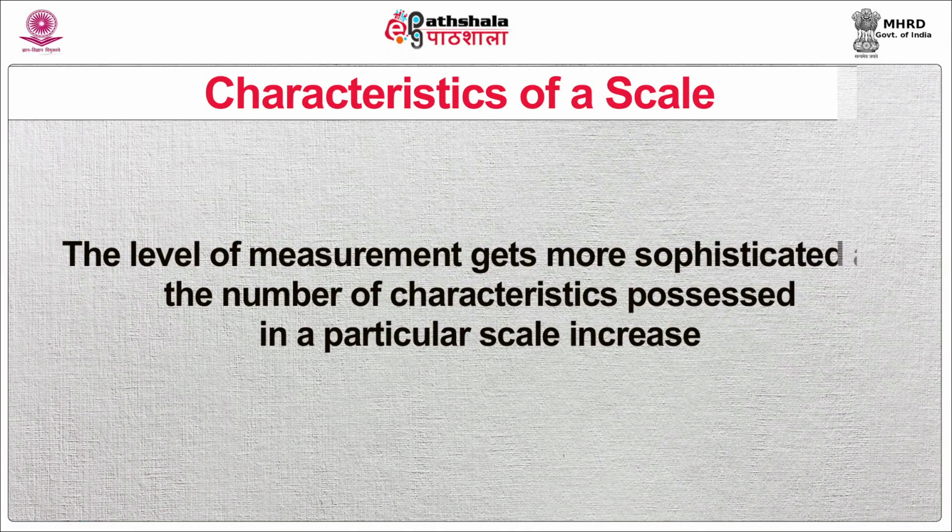It is these characteristics which are used to determine the level of measurement. The level of measurement gets more sophisticated as the number of characteristics possessed in a particular scale increases. Therefore, description, order, distance and origin successively present higher levels of characteristics.